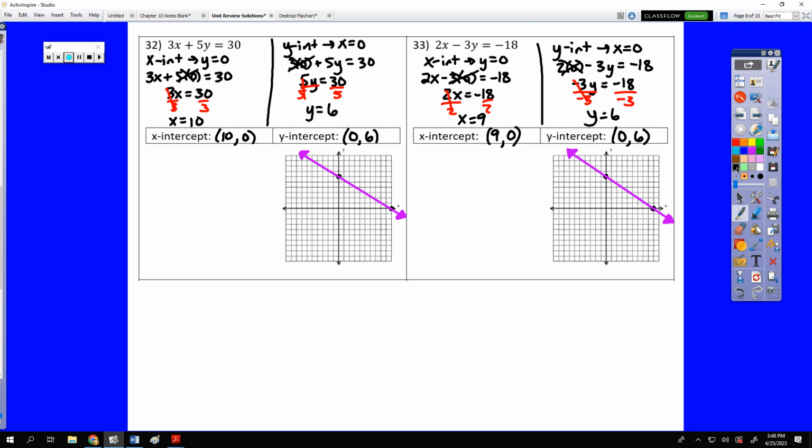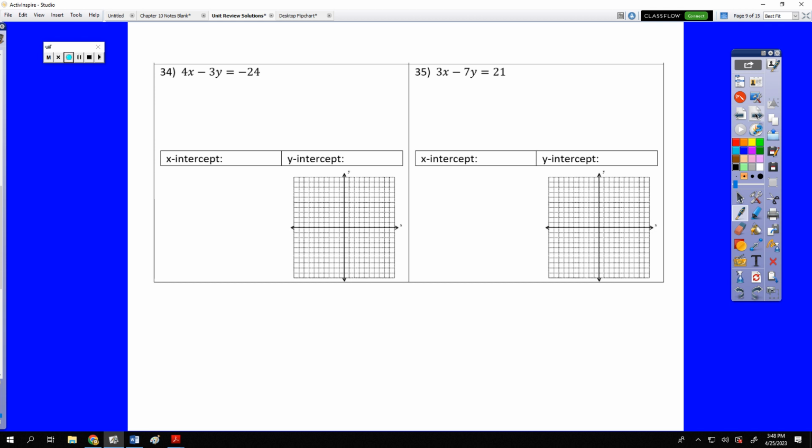Okay, same thing, continuing. Our x-intercept is when y is equal to 0. So we're doing 4x minus 3 times 0 equals negative 24. That y term drops out, leaving 4x equals negative 24. We divide by 4, and we get x is negative 6. So that would be the point (negative 6, 0) for the x-intercept.